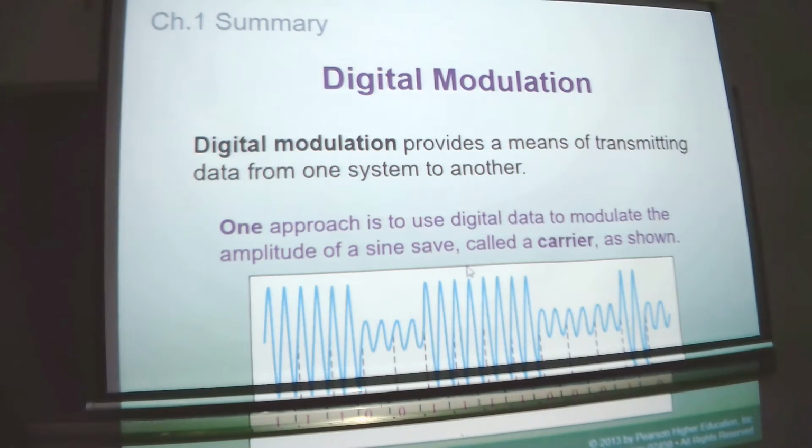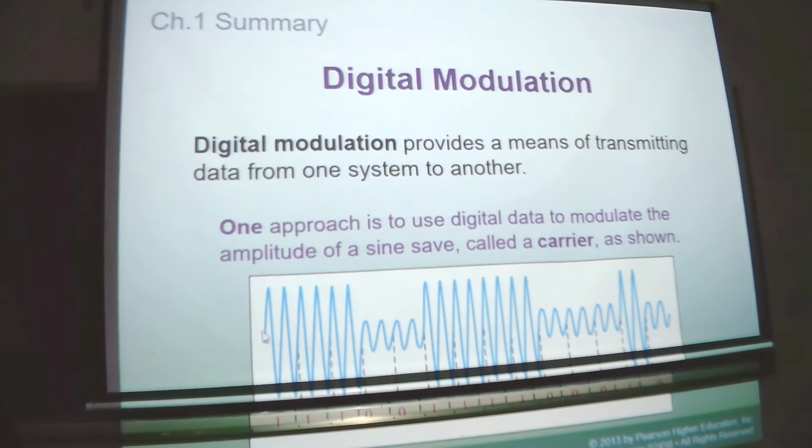And digital modulation. Digital modulation provides a means of transmitting data from one system to another, such as this figure.